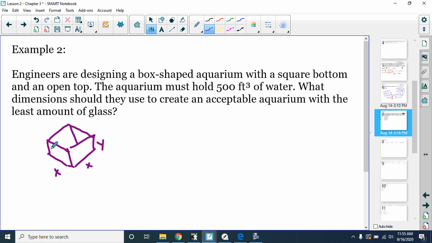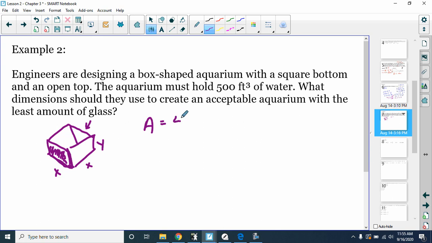So the amount of glass, I'm just going to call that capital A for amount, or surface area. So the amount of glass would be equal to, I'd have to put glass on this side, which is x times y. This side here is also x times y, as is this side over here and this back side.